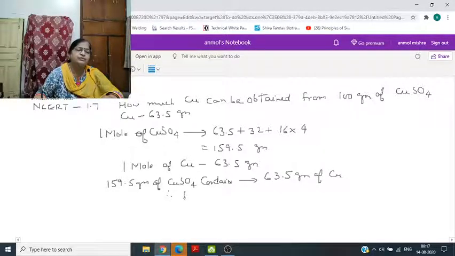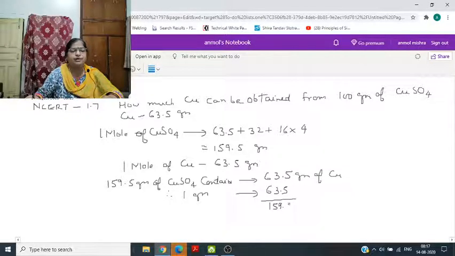Therefore, 1 gram gives 63.5 divided by 159.5, and according to the question, from 100 grams we'll get 63.5 by 159.5 into 100.